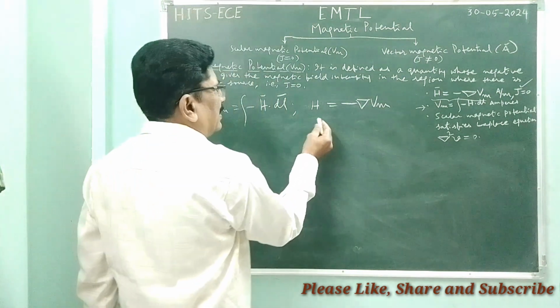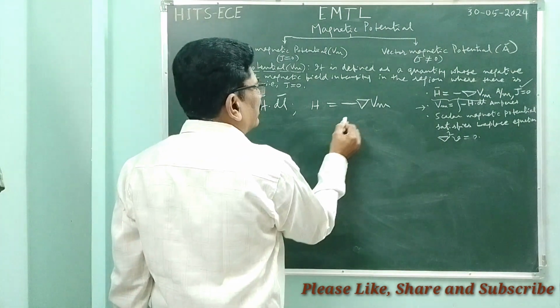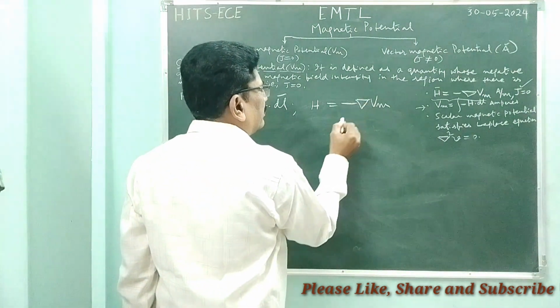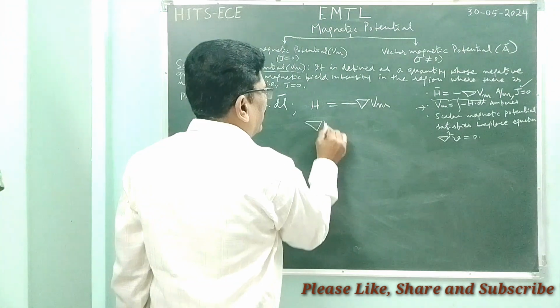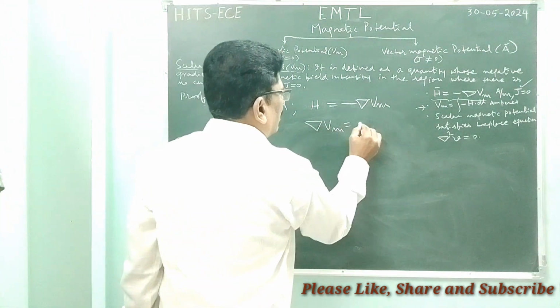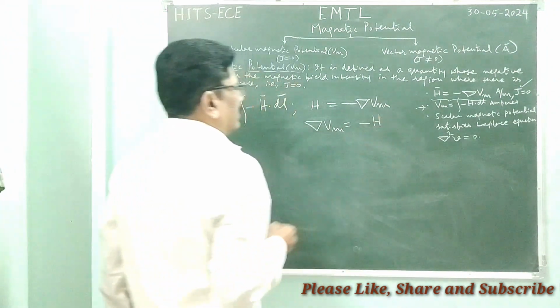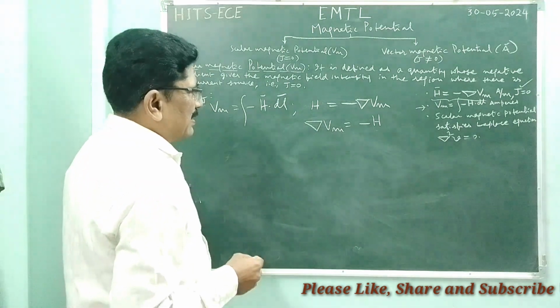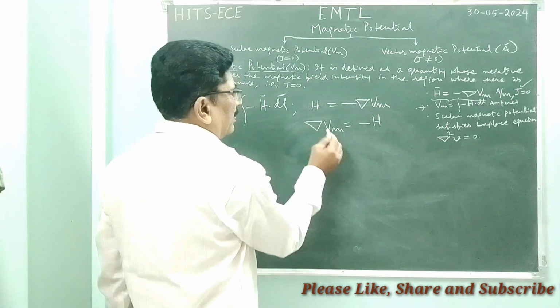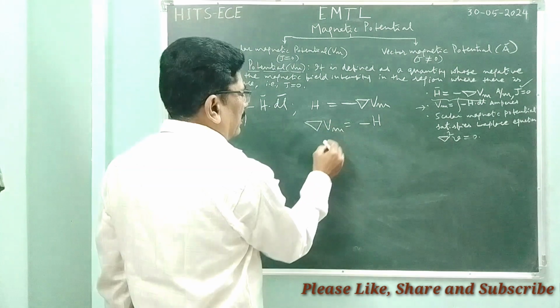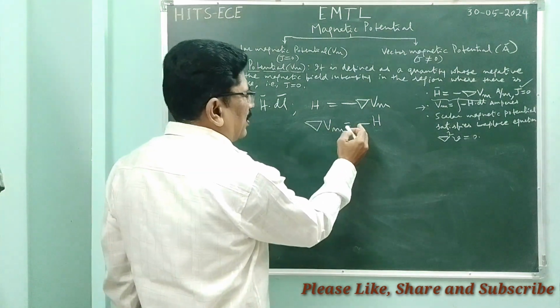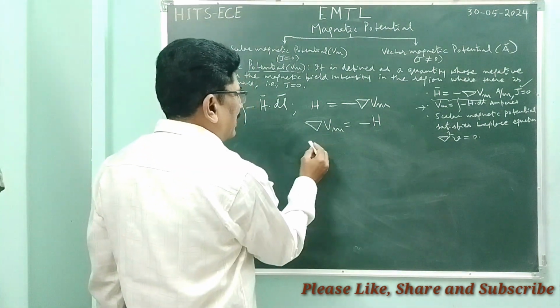This can be written as del Vm is equal to minus H. Let us take the dot product on both sides with respect to dl.